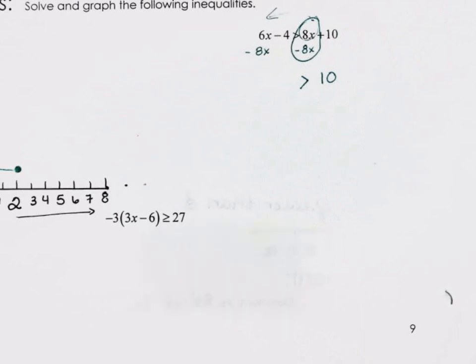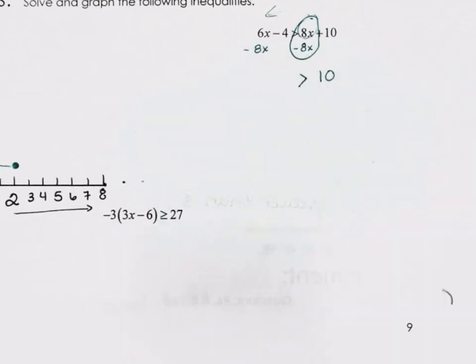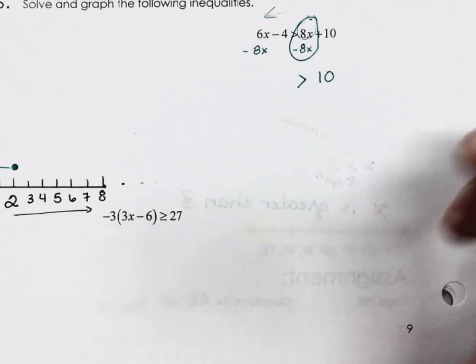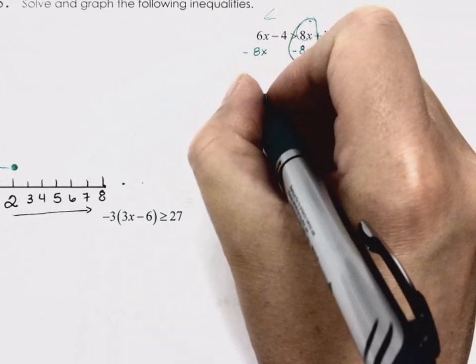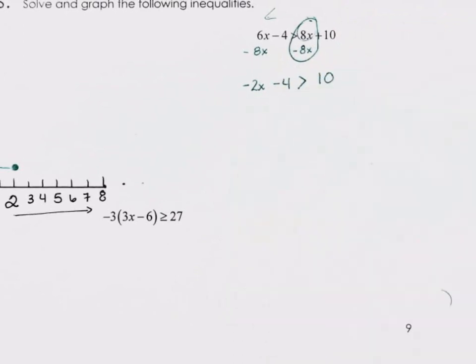You can write the plus sign if you want, if that helps your brain. Definitely write it. And now on the left-hand side, 6 subtract 8. Negative 2. So I'm going to have a negative 2x, and then I still have that minus 4 there.